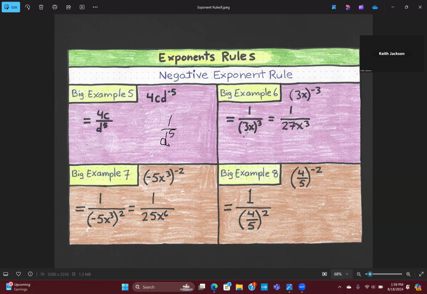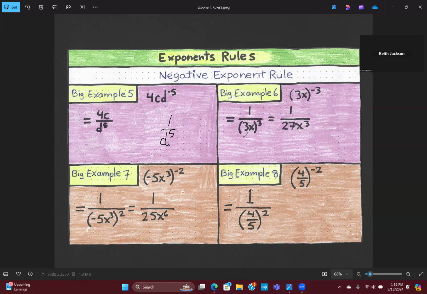And so in this case, we have 4cd raised to the negative fifth power. Now let's just take a look at that d raised to the negative fifth power. See these other variables and numbers, the 4 and the c, they're not raised to the negative fifth power, but only that d. And so if we see, let's say, a number or a letter raised to a negative power, we're just going to simply write it as 1 over that variable or that number to the power in the positive, and that will be that way as we relate to a negative exponent.